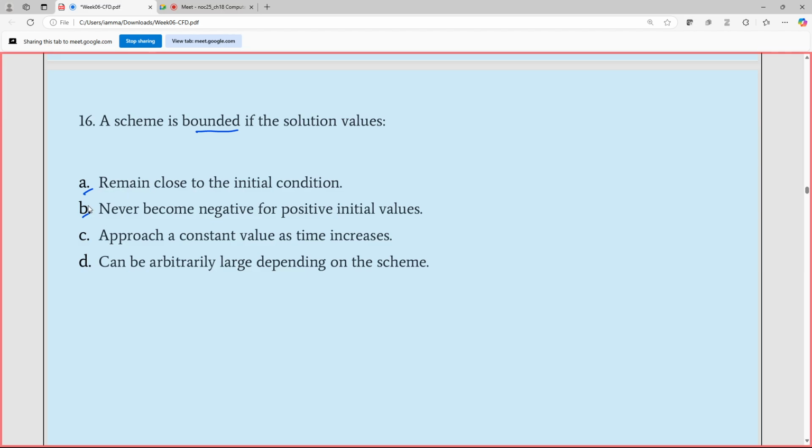So our answer is option B. That is, it will never become negative for a positive initial value. So as we discussed in the last problem, boundedness means that the solution should be bounded to a lower limit and upper limit. Suppose this initial value is the lower limit, on the positive side.